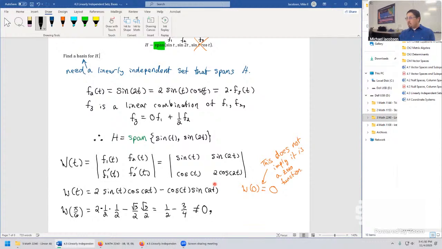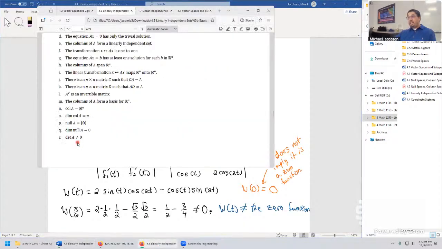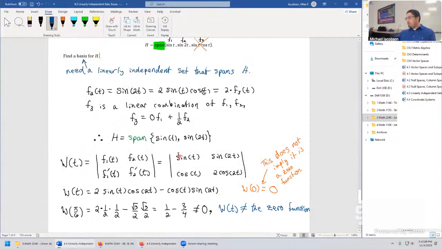And so now we can make a big conclusion. The Wronskian at t is not equal to the zero function. That connects with the determinant being non-zero. And so we can say automatically this set is linearly independent.